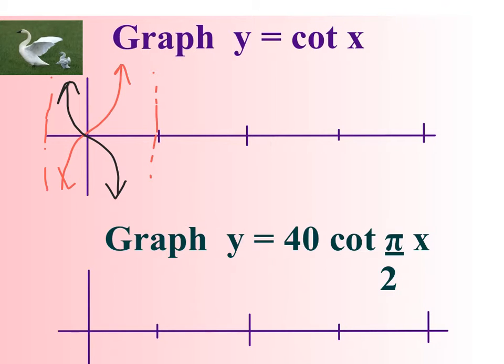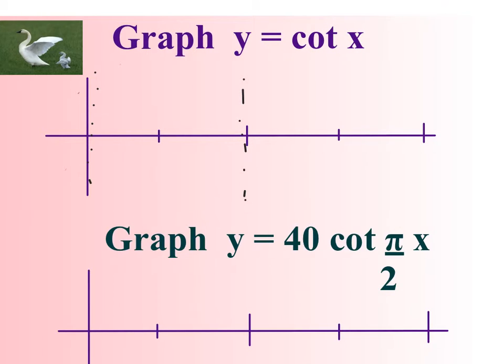Wherever it hit 0 originally, that has to be an asymptote. So it is that shape, but the asymptotes are in different spots. My eraser's still a surgical eraser. I got to get the big one out. A lot easier to erase with this guy. Okay. Then asymptote, asymptote that are pi apart. And then cotangent goes like that.